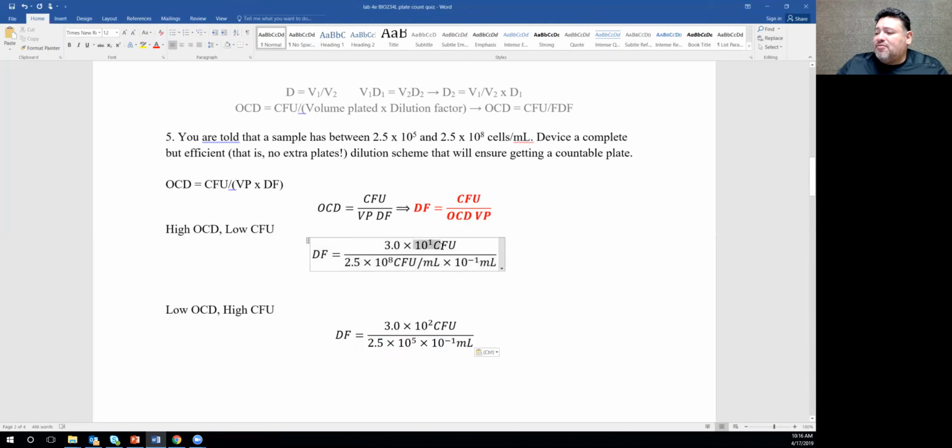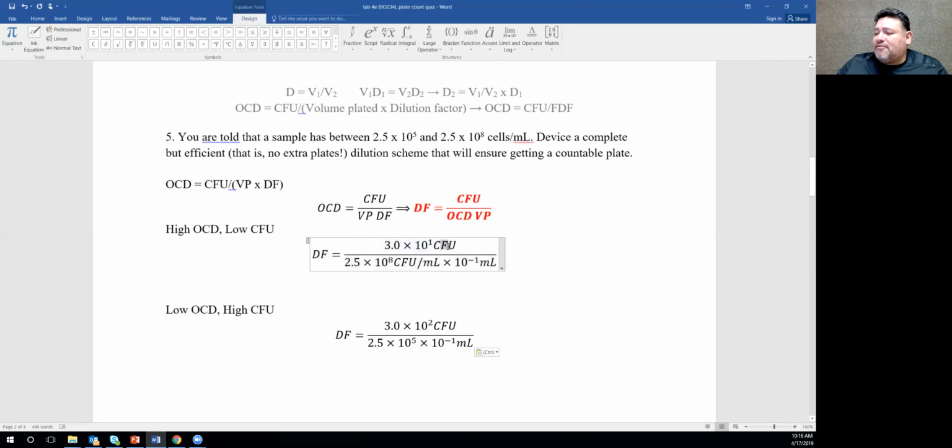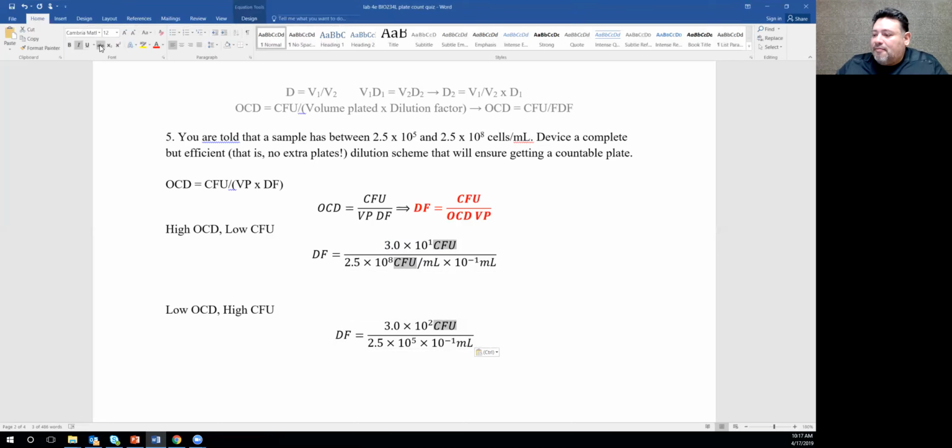Okay. Now, if you notice, colony forming units in the numerator cancels colony forming units in the denominator. And that lets me notice that I forgot to put units on here.